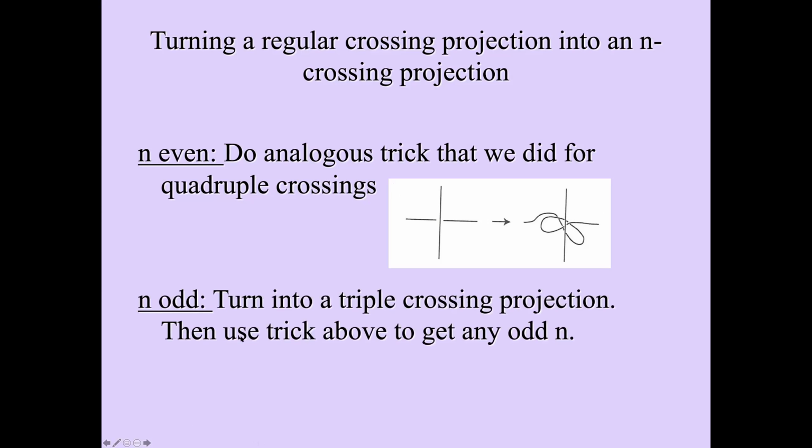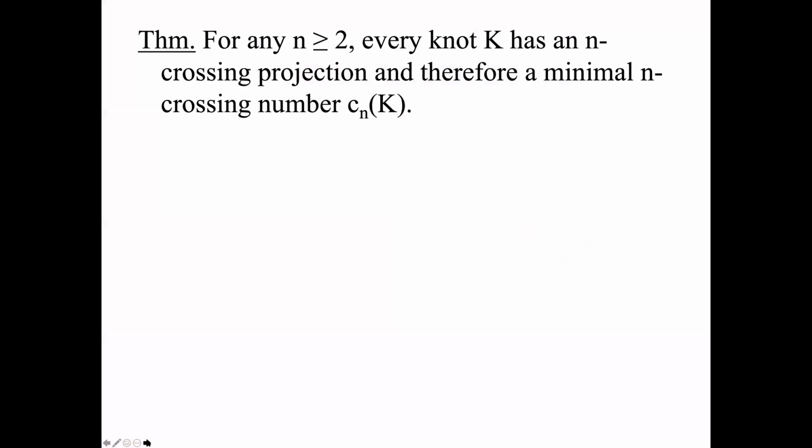If n is odd, first I'll turn my standard diagram into a triple crossing diagram, and then I'll use this trick on it. And it will allow me to get from a triple crossing to a quintuple crossing or a septuple crossing, etc. So those 2 tricks allow us to show that for any n, every knot has an n crossing diagram, and therefore an n crossing number. Okay, so we've just proved this fact.